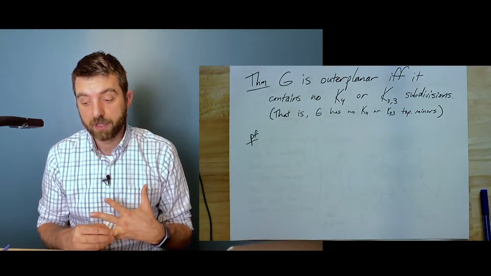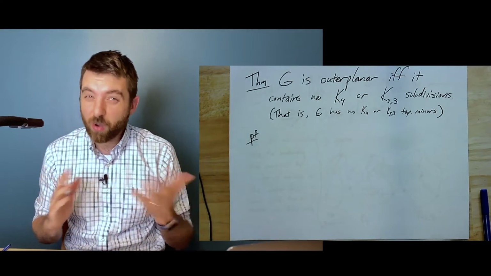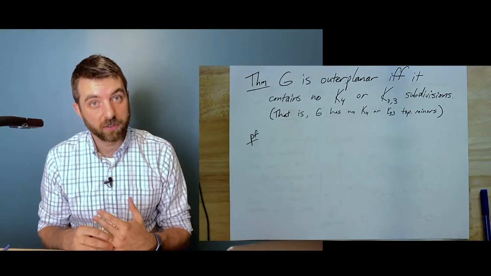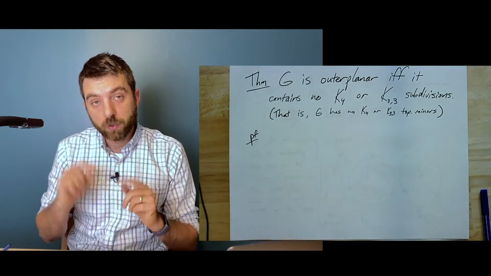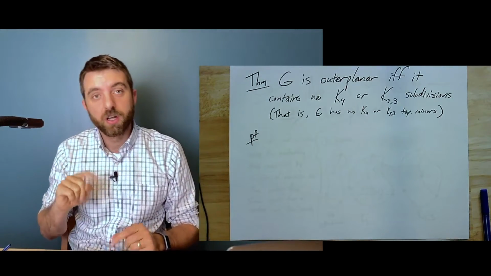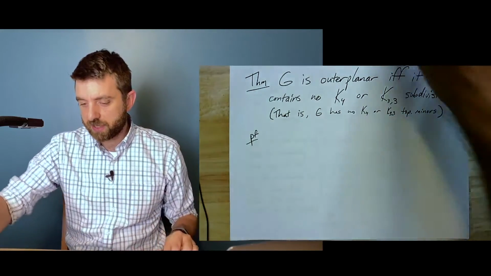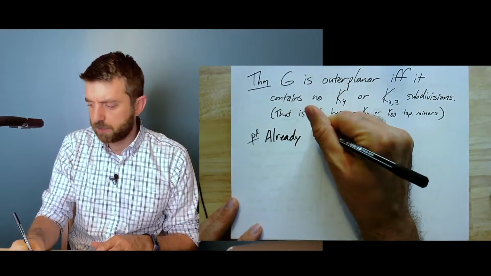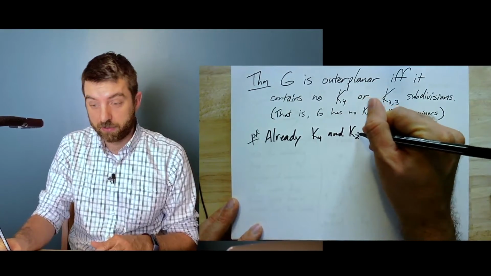So we started out with these two examples, and it turns out, in a way, they're the only two examples that matter. If you came up with another example of a graph that was not outer planar, then you would find K4 or K2,3 hidden somewhere inside it. So here's the idea. We already know that K4 and K2,3 are not outer planar.